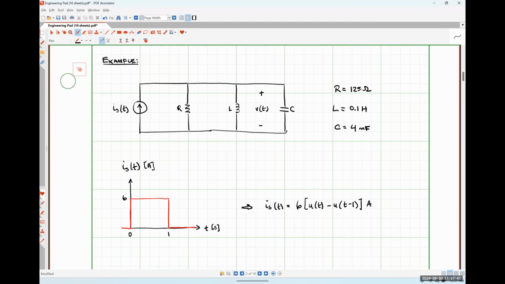So if we had just abruptly connected a current source and just left it on forever, this would be a total response problem, right? And if we just had this last half of this case, where we had a current source on and then we abruptly turned it off, it would be a natural response problem. But either way, it's something that we've seen before with just a simple parallel RLC circuit.